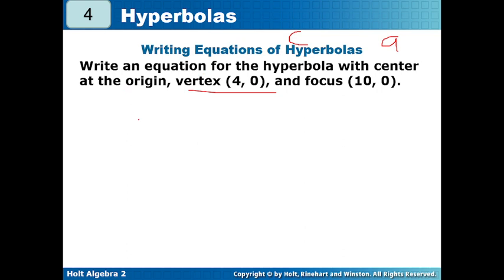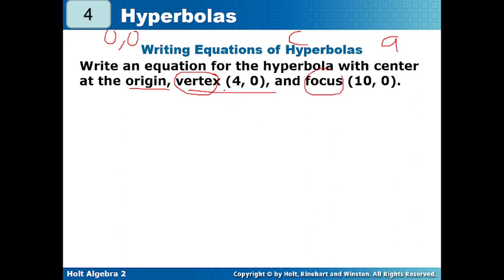Okay, so step one, we know that when the center is at the origin, of course it's 0, 0, and therefore you couldn't find any values of h and k, right? So how are we going to know whether the axis of symmetry is on the x-axis or y-axis? We find out based on your vertices and focus.